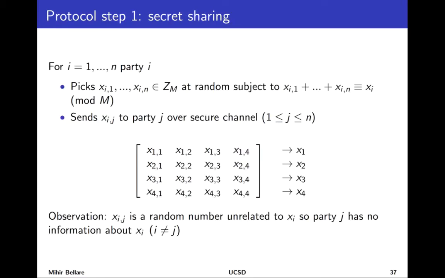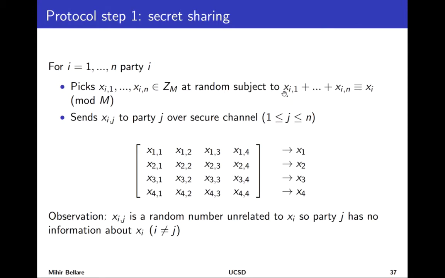So what do these parties do? Each of them takes the same step. Let's consider one party, say party i. It's going to create a kind of representation of its own secret input. Remember, it has a secret input x sub i.